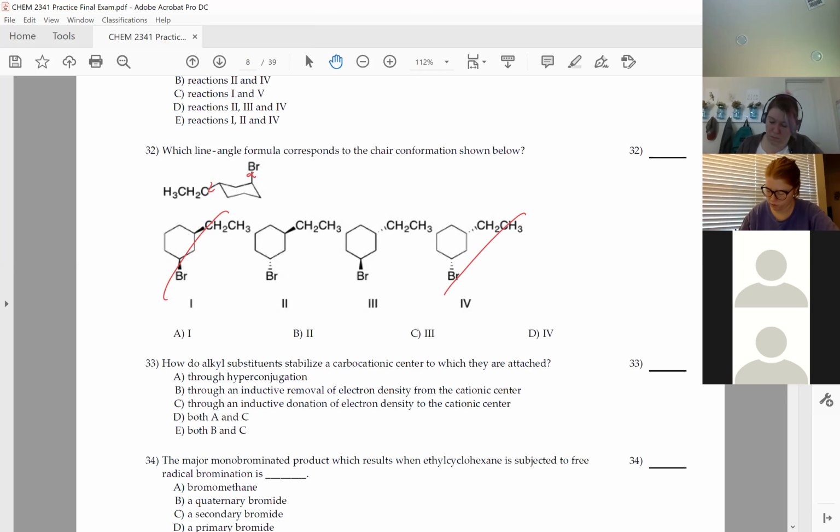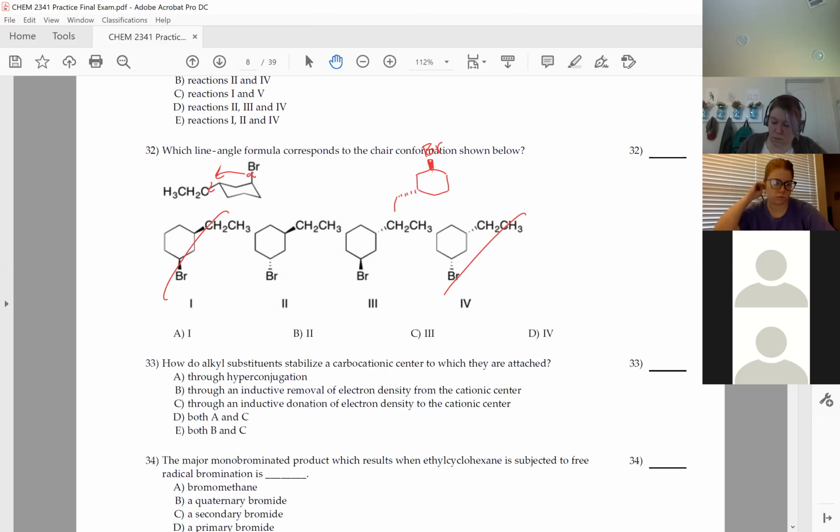So what I would do if I were you is draw this out myself. So I'm going to draw out a flat hexagon and draw my bromine up. And my ethyl group is 2 carbons away that way and down. Okay, so we have to do a little bit of rotating in order to figure this out, right?